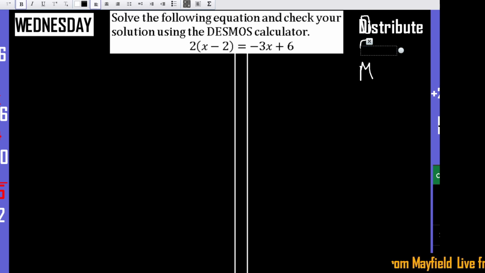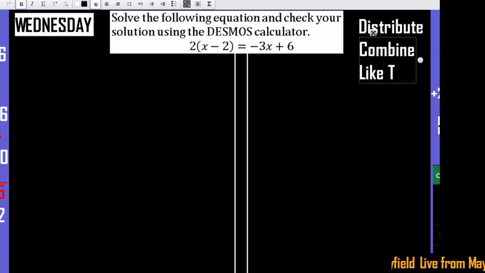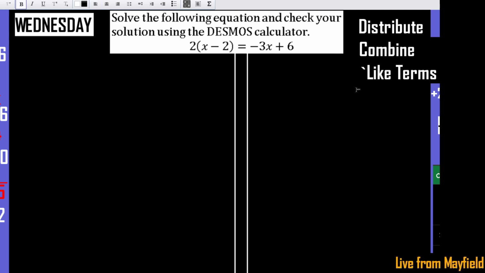Let's make this clear. There we go. That C stands for combine like terms. And again, the M stands for the multiplicative, or multiply.